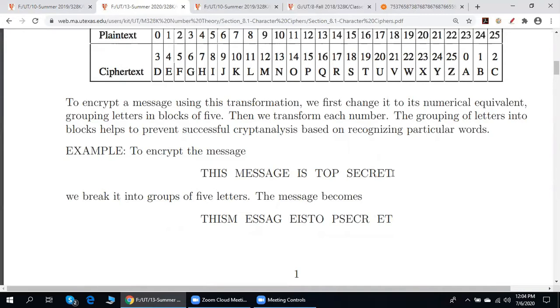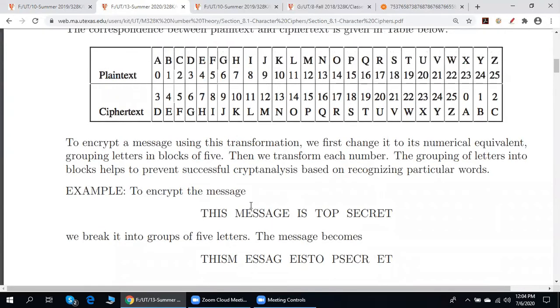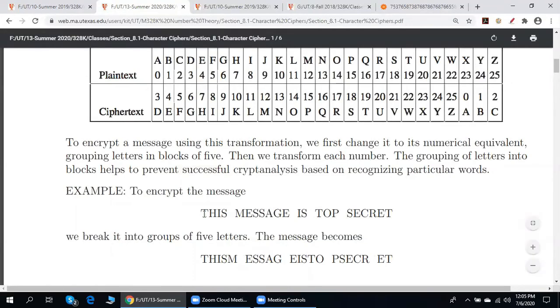Step 1, we replace each letter by the corresponding 2-digit number. For example, we replace T by 19, we replace H by 07, we replace I by 08, and so on. The resulting number is our p.